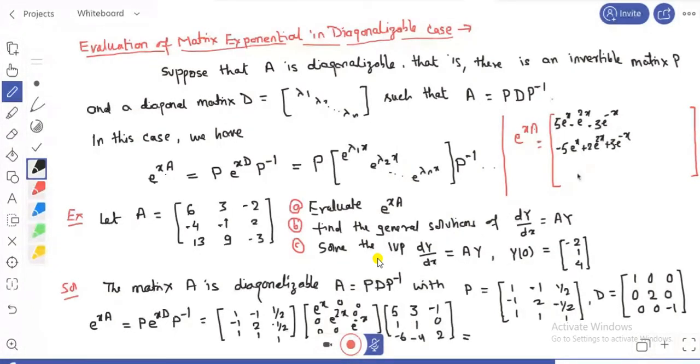Okay, so 10 plus 5 e to the power x, e to the power 2x minus 6x, and second are 3 e to the power x minus e to the power 2x minus e to the power minus x, and so on.